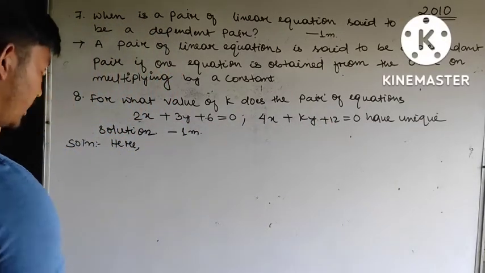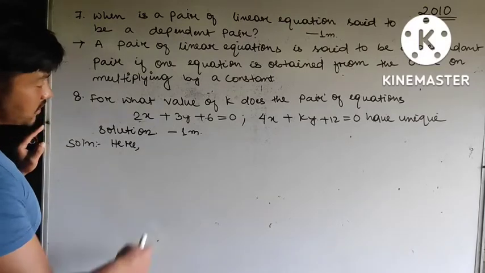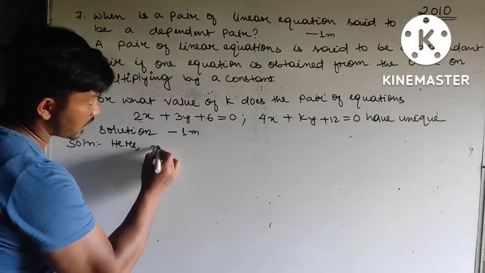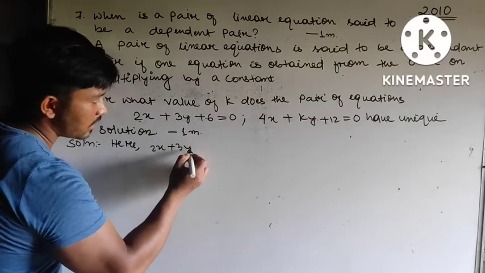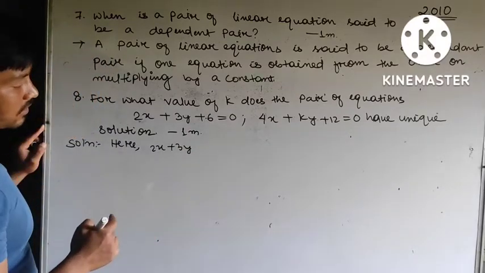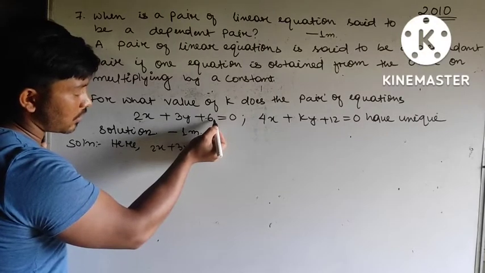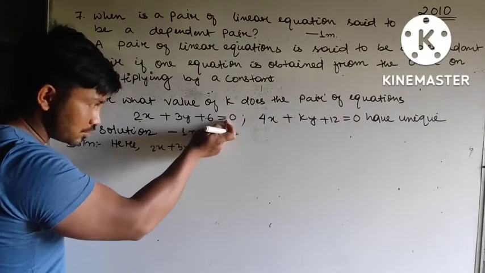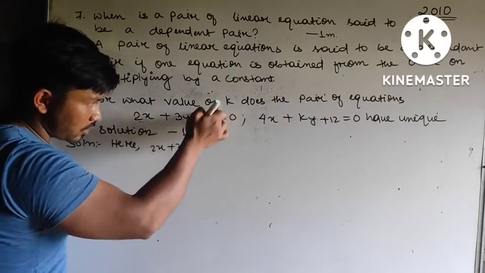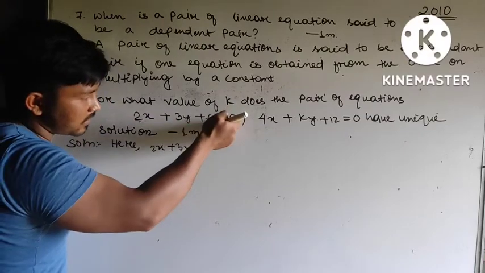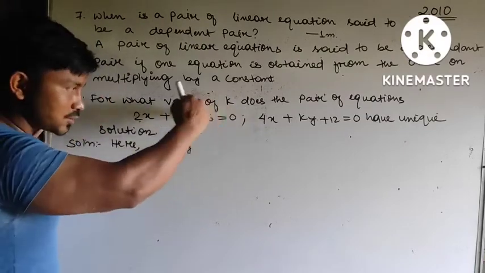All right, now let's see. First let me write the equations: 2x plus 3y plus 6 equal to 0. Whenever you are going to find this, your constant term should be before the equal to, not after it. If it is given after the equal to, you have to transpose it to the other side.